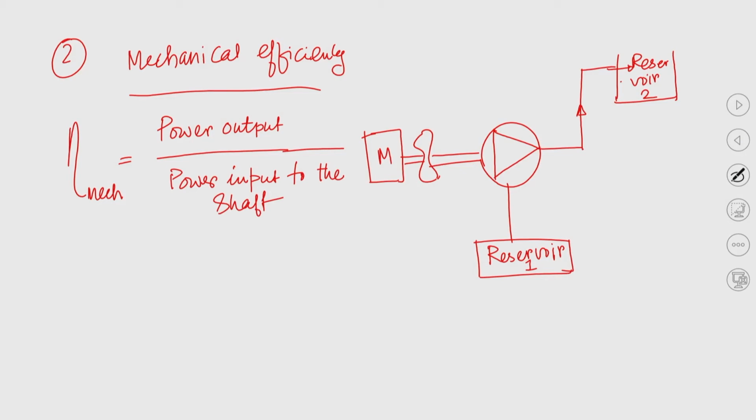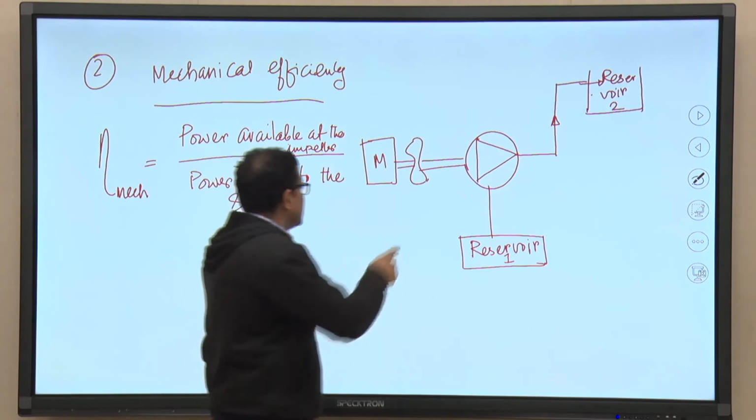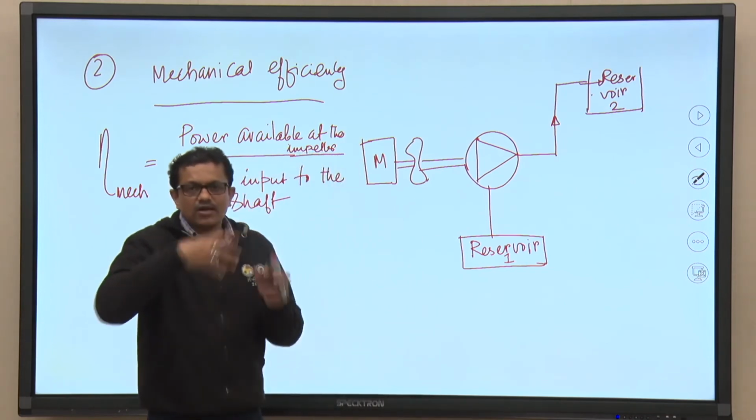This should not be the power output; this should be the power available at the impeller, right. So, maybe this impeller is mounted on a shaft.